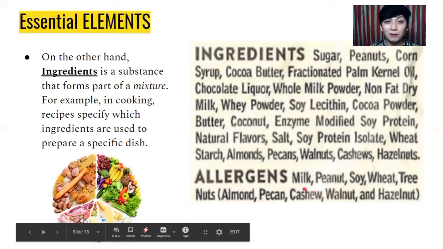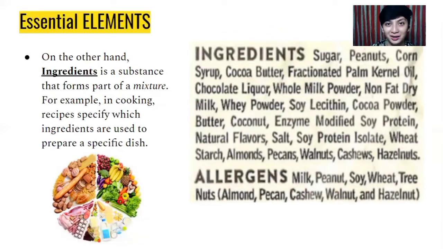If you are allergic to those foods or ingredients, might as well not buy it. Some of the people that I know are allergic to peanuts, milk, soy, wheat, tree nuts, and so forth. So it is good for you to look at the label or the ingredients as well, aside from the nutrition facts.